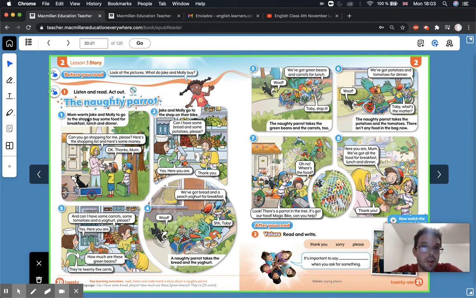Now, the story is called A Naughty Parrot. The Naughty Parrot. Parrot is a bird, a special bird. If you look in the book, I will show you. This is a parrot. Yeah, it's very colorful, right? And it's a bird. Very good.